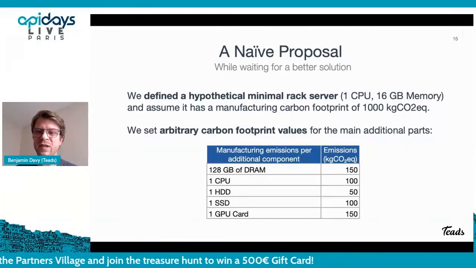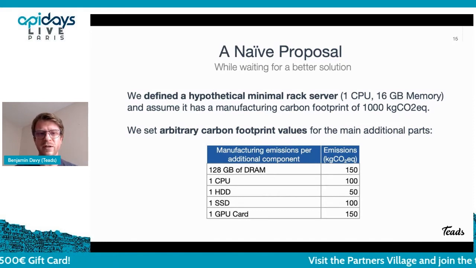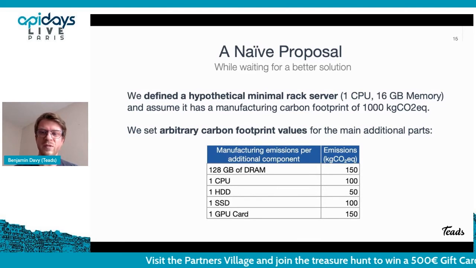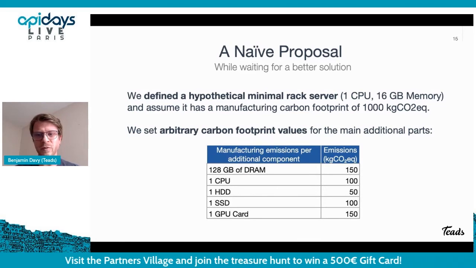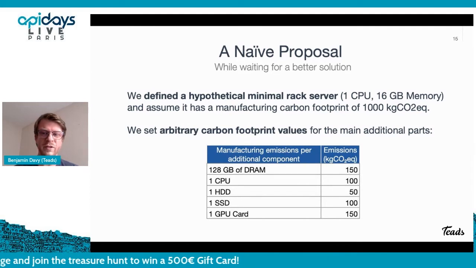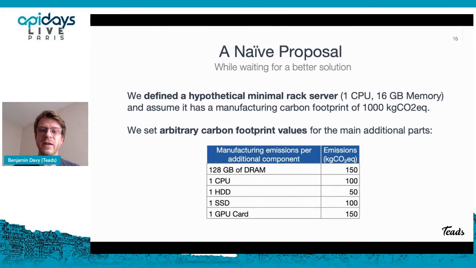So looking at the few data available, we came up with this naive model to estimate the emissions from manufacturing. We defined a minimal server with 1 CPU and a low amount of memory and assumed it has a manufacturing footprint of 1 ton of CO2 based on the literature we found. Then we set other carbon footprint values for additional parts we can have on AWS machines.